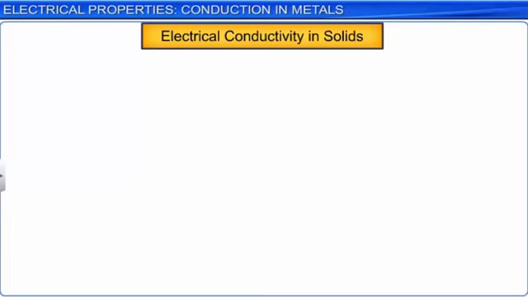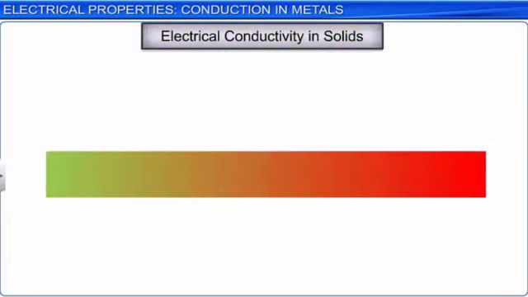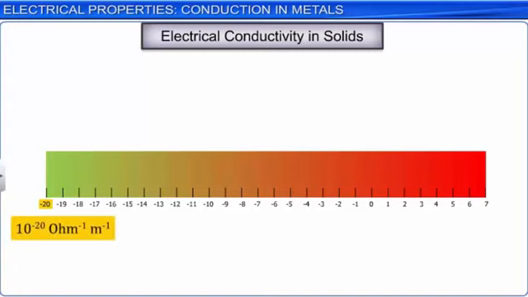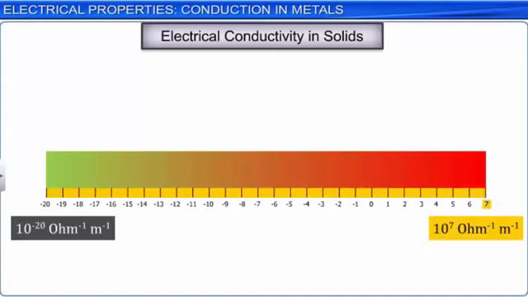Electrical conductivities of solids are spread over the widest range of any physical property, extending over 27 orders of magnitude, ranging from 10^-20 to 10^7 ohm^-1 m^-1.